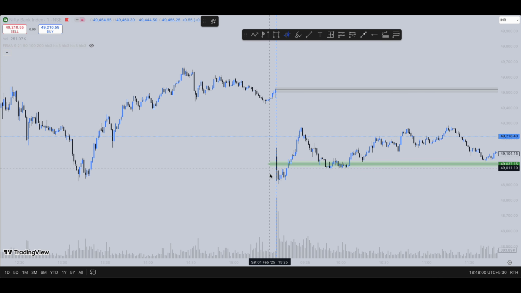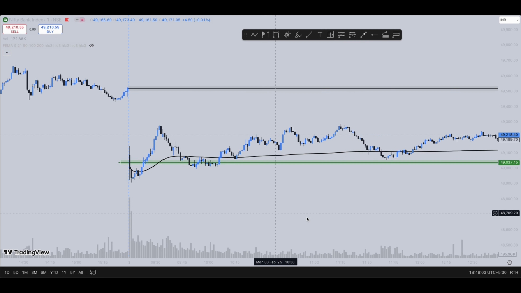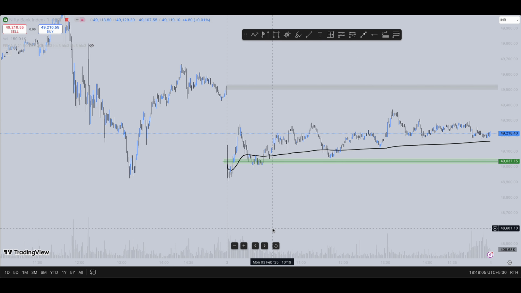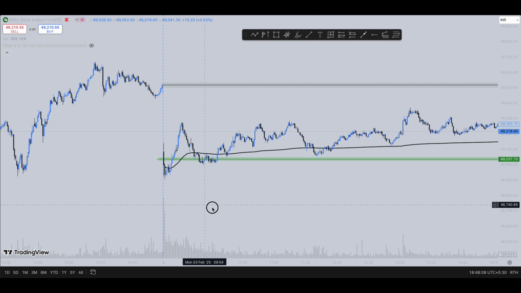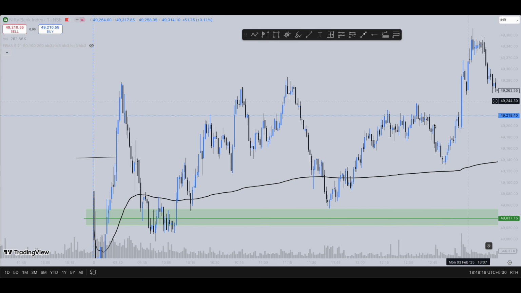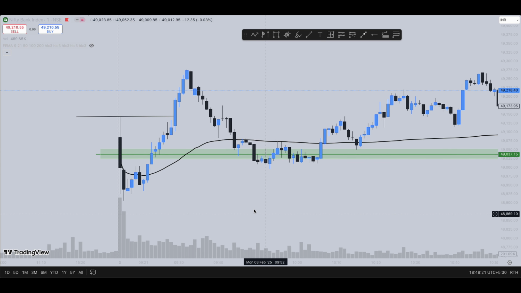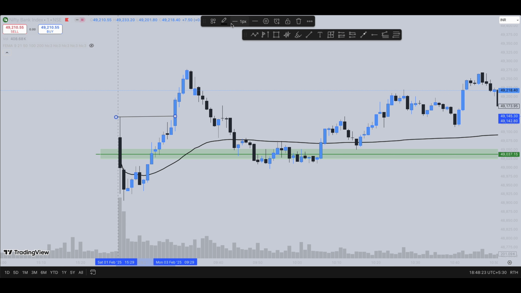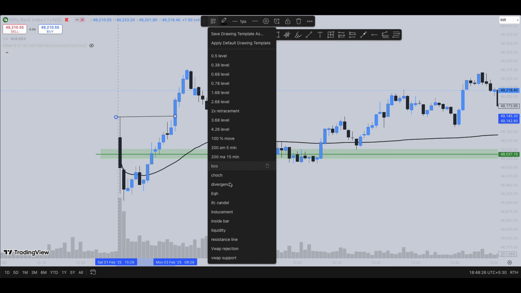And next I would plot anchor VWAP levels, and I will see if anywhere the price is trying to take support. But here you can see clearly the market broke this structure over here. Let me zoom in for you, and you can see clearly where the market broke structure.